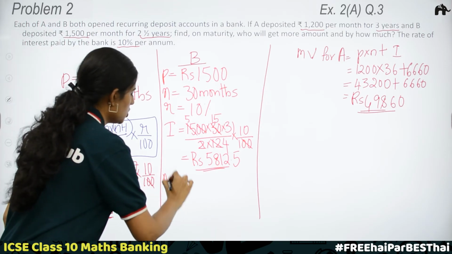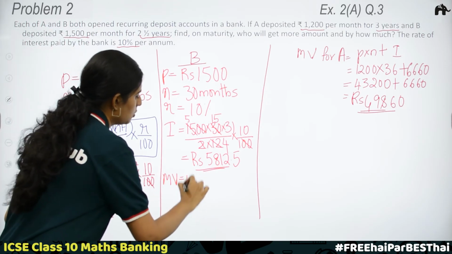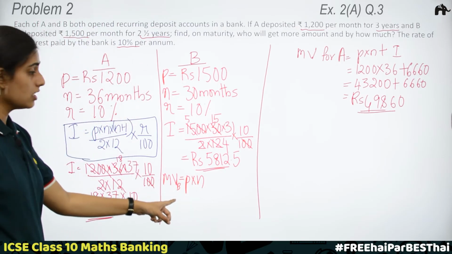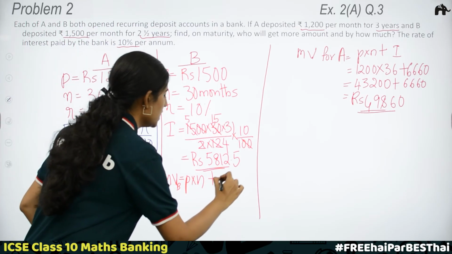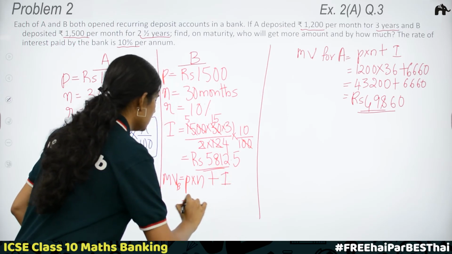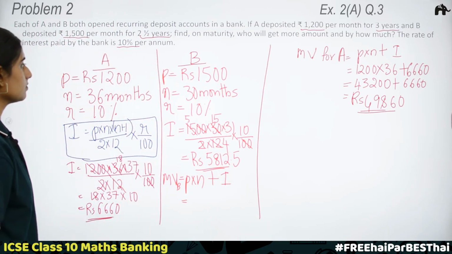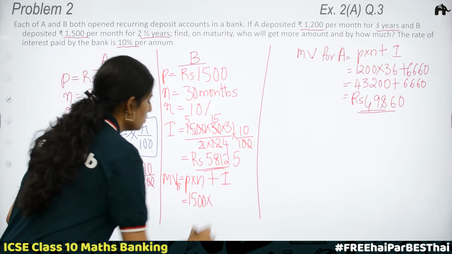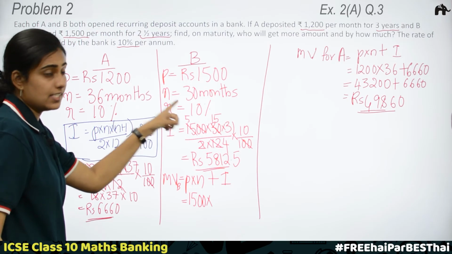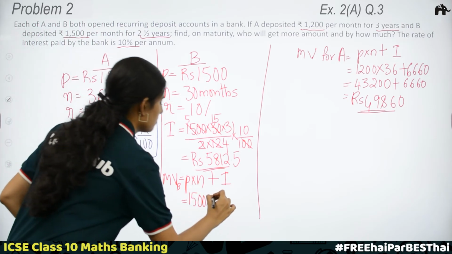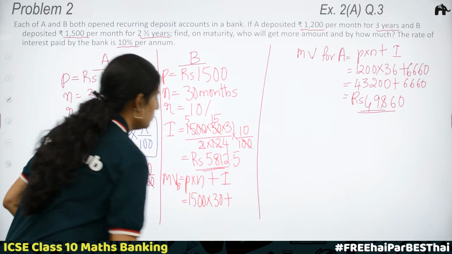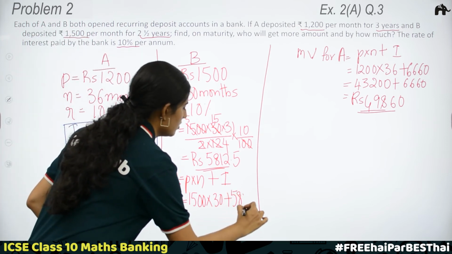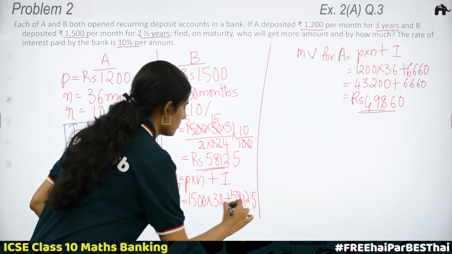Now, to find the maturity value for B, P into N plus I equal to 1,500 into, what is the N value? N is equal to 30. 30 plus I, we calculated I, that is 5,812.5.